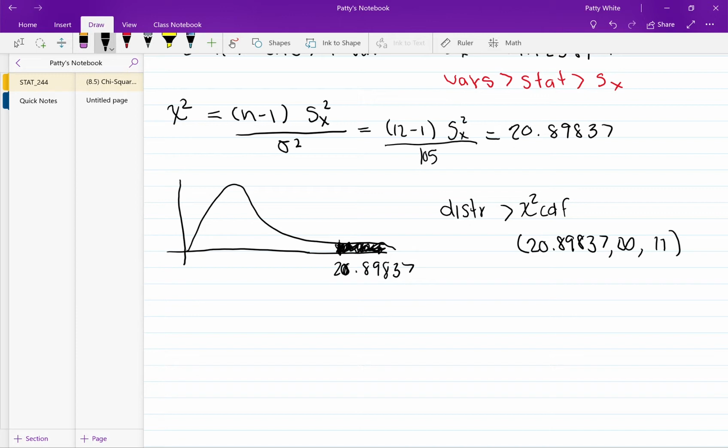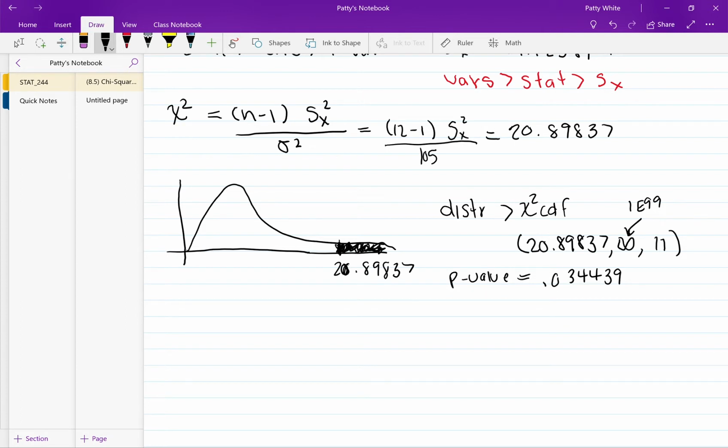And if your calculator does not have an infinity button, remember that we would just pick a very large number, so 1E99. When I put this all into my calculator, I got 0.0344339. This is actually our p-value.